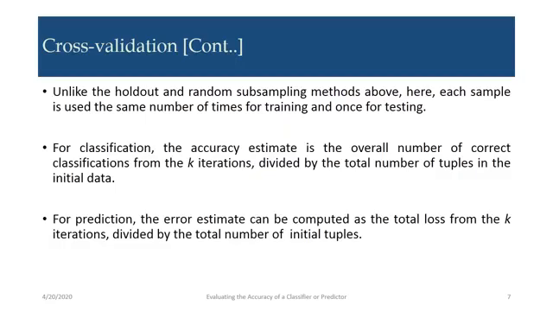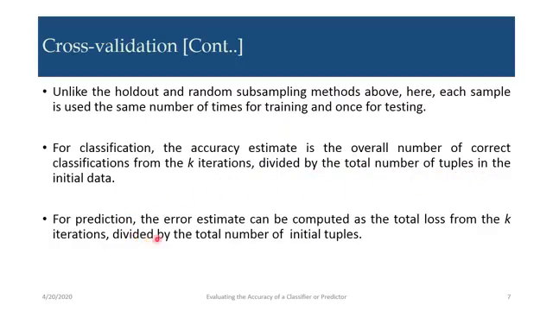For classification, the accuracy estimate is the overall number of correct classifications from the k iterations divided by the total number of tuples in the initial data.